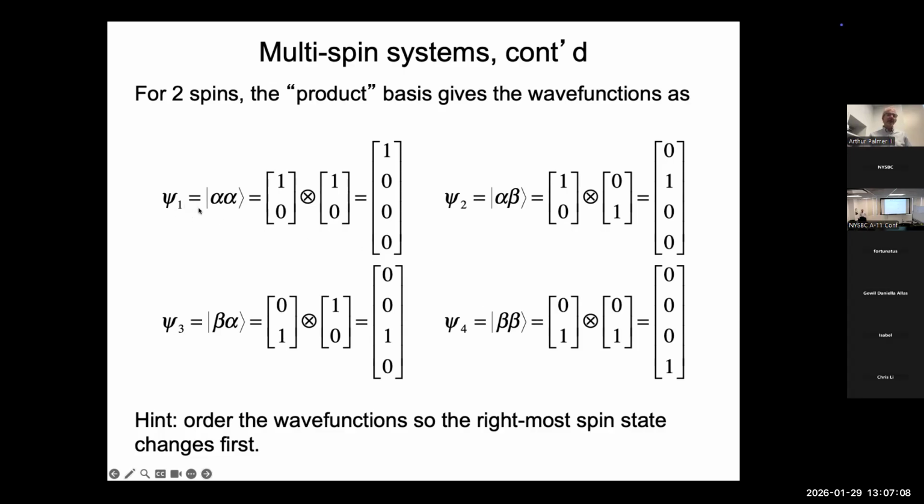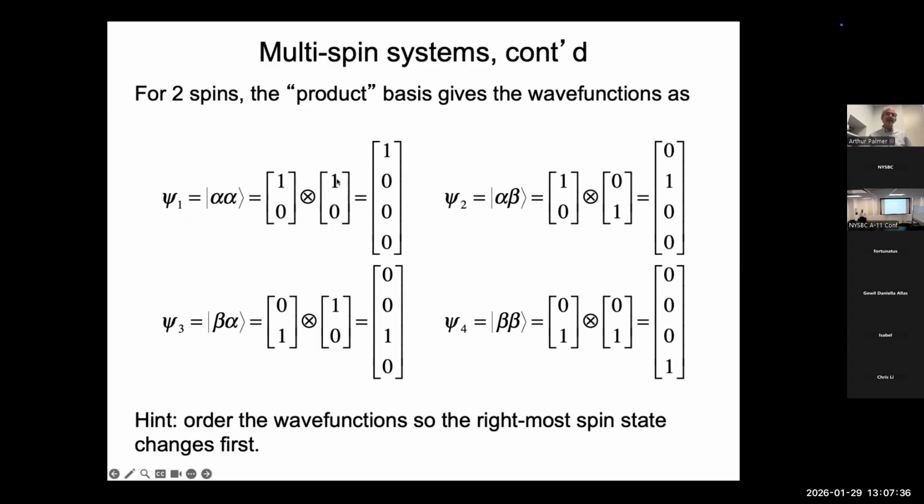So if we want the wave function for two spins, each of which are in the alpha state, we have alpha state, direct product alpha state. We take the first one and stack it on top. Or take the first one and this element, it's multiplied by this vector.